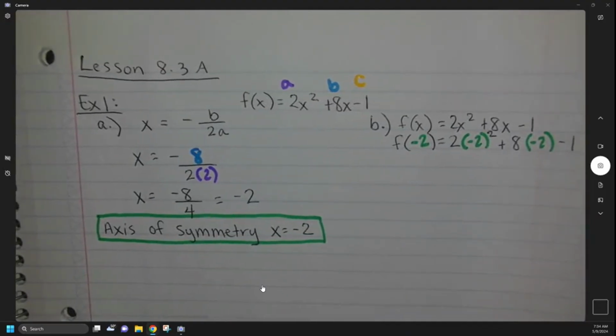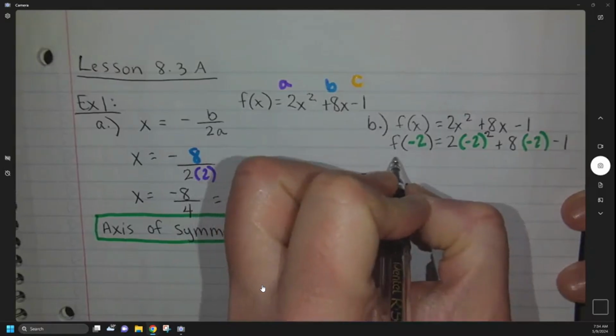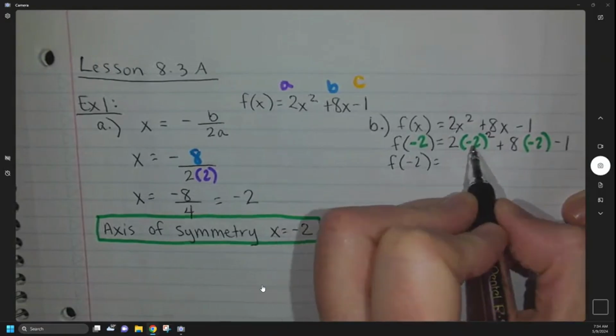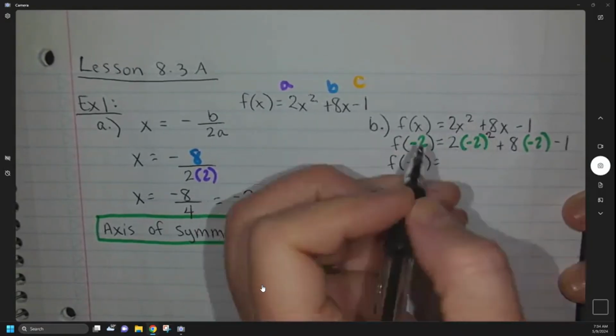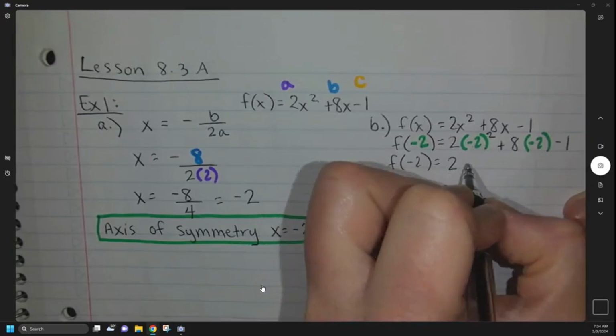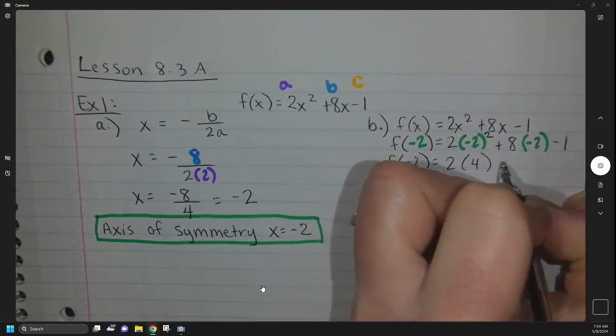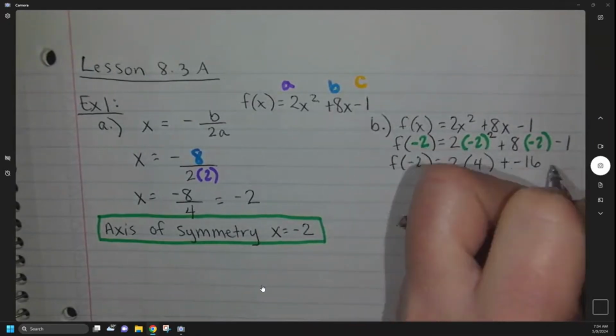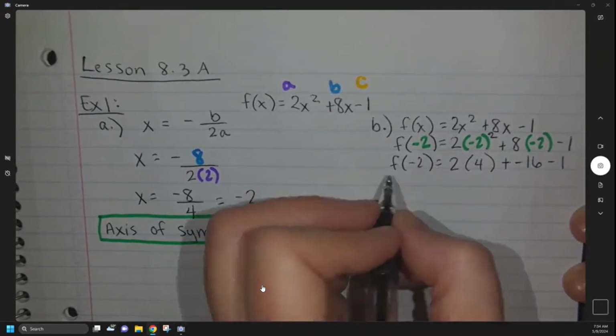All right, so we're going to go ahead and simplify some of this. So f of -2, 2 times -2 squared is 4. So 2 times 4 now, plus 8 times -2 is -16, minus 1.